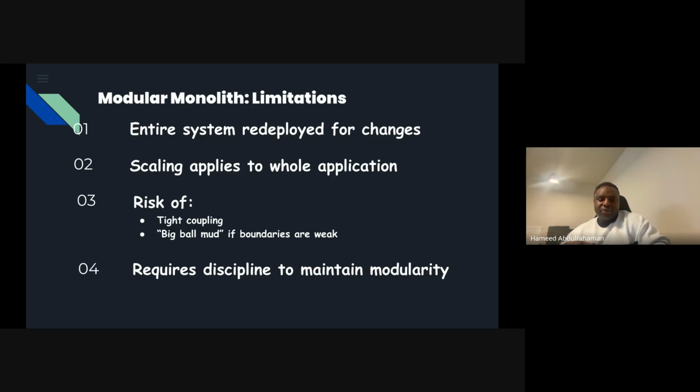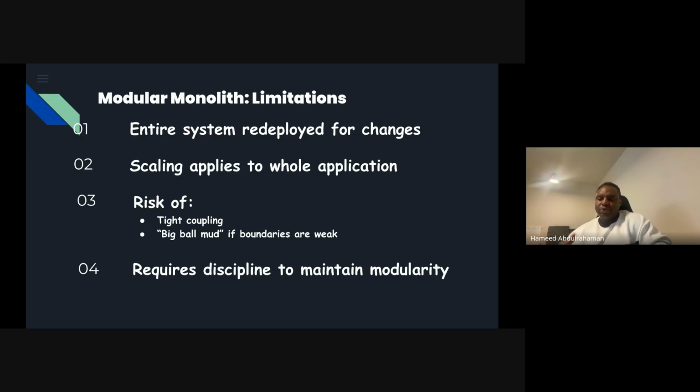So what are the risks of it? It could become tightly coupled as you go along. As you add more features, it becomes more tightly coupled, because each new feature you add interacts with various existing components of the application. Then it becomes legacy, a big ball of mud, where the boundaries are weak, because these applications are not in different components.